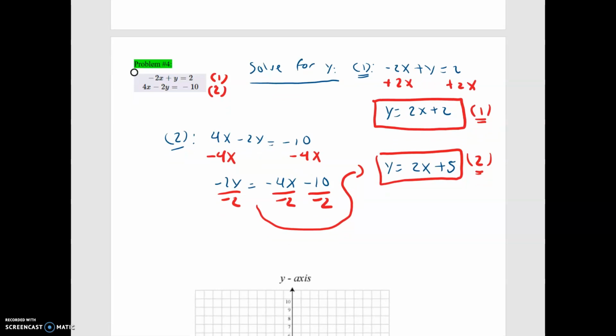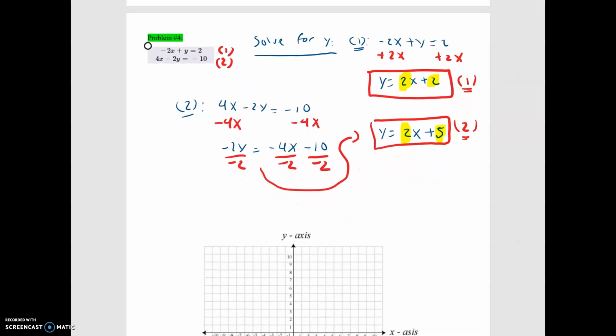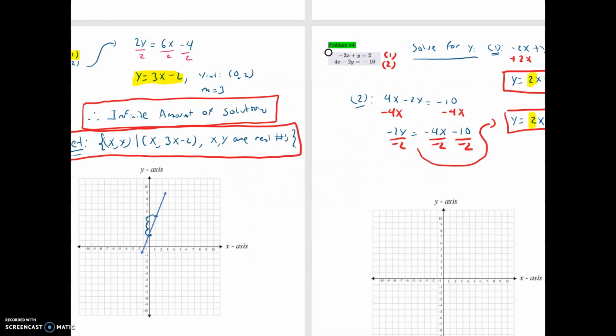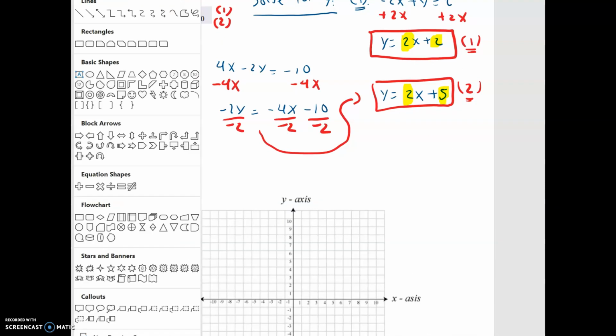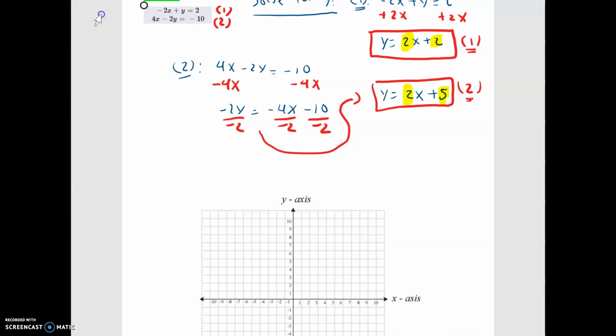And notice one aspect of these two equations. They're parallel. You can tell they're parallel because of the same slope and technically different y-intercepts. So let me provide the sketch of these. For the first one, it's going to have a y-intercept of 2 and a slope of 2.